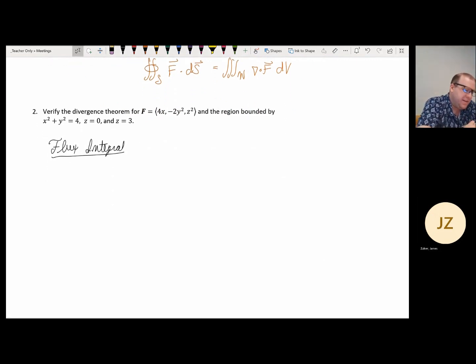So the region is bounded by x squared plus y squared equals 4, z equals 0, and z equals 3.